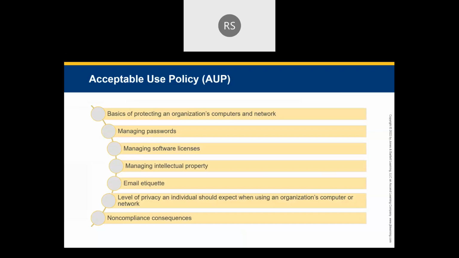The AUP also highlights the importance of respecting intellectual property rights, including copyrights and trademarks. It prohibits users from engaging in activities such as unauthorized downloading, sharing copyrighted material, or using intellectual property without proper permission.